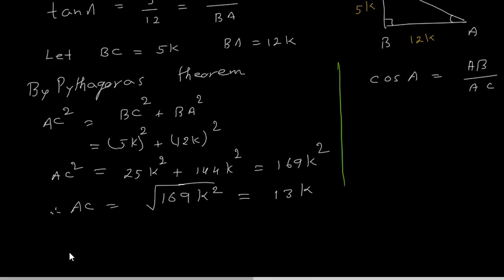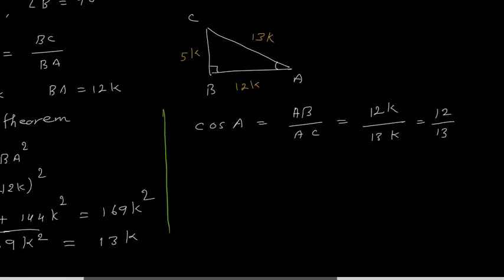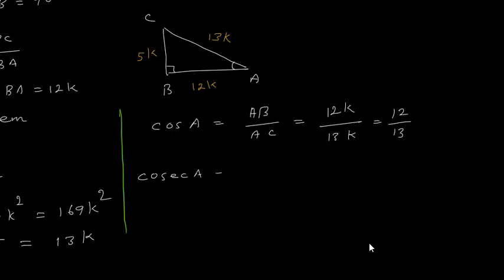Now next, what do I have to find? Cosec A minus cot A. Now what is cosec? Cosec is the reciprocal of sine, that is hypotenuse upon opposite. So this is AC upon BC, minus cot. Cot is adjacent upon opposite, so that is AB upon BC.